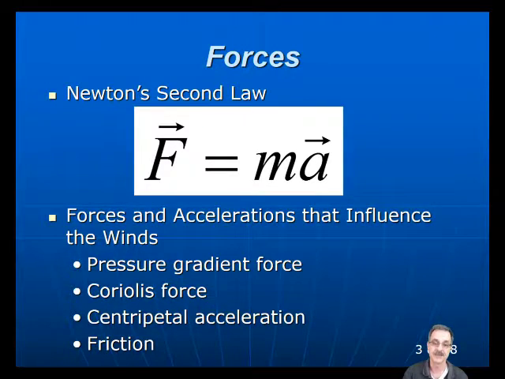And what is an acceleration? Basically, an acceleration is the rate at which the velocity changes in time. So forces and accelerations that influence the wind are our pressure gradient force, our Coriolis force, what the book refers to as centripetal acceleration, and frictional force.